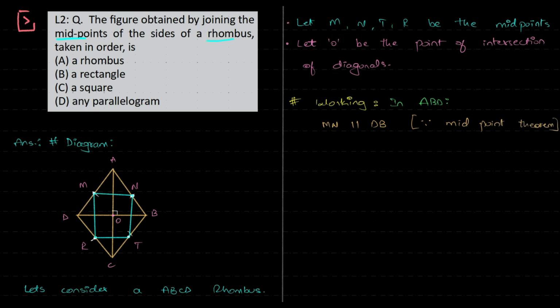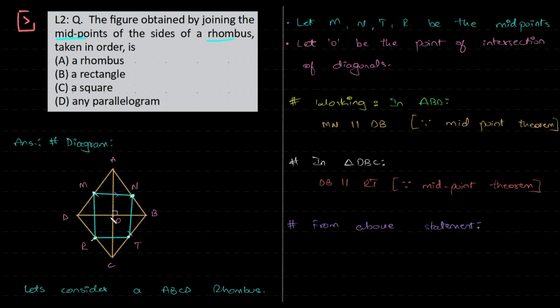And what else do we have? Then we have in triangle DBC, DB being parallel to RT. This is the midpoint theorem. Now, from the above two statements, what can we conclude?